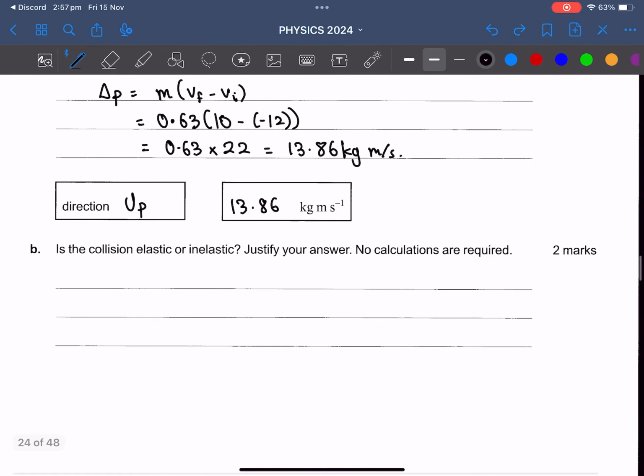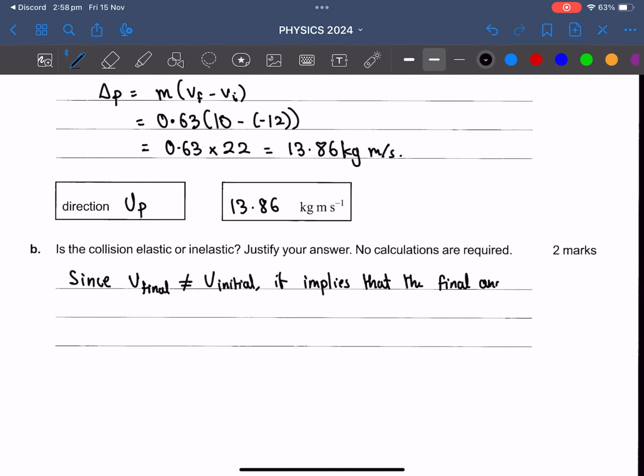So we know that since V final is not equal to V initial, it implies that the final and initial kinetic energies are not the same, and hence the collision was inelastic.